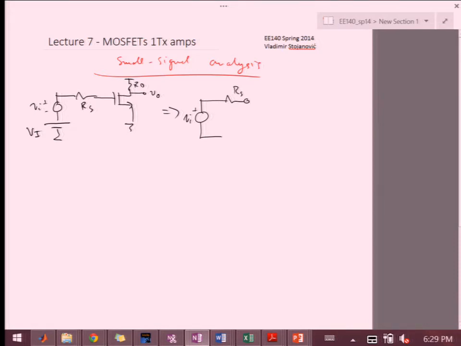then it's going to look something like this, where this is now the gate. And then on this side, we have gm VGS. This is going to be our source.